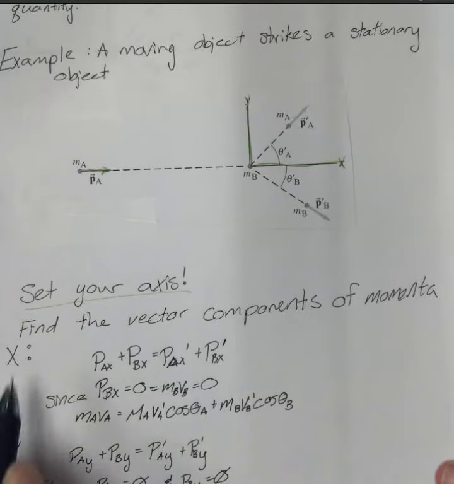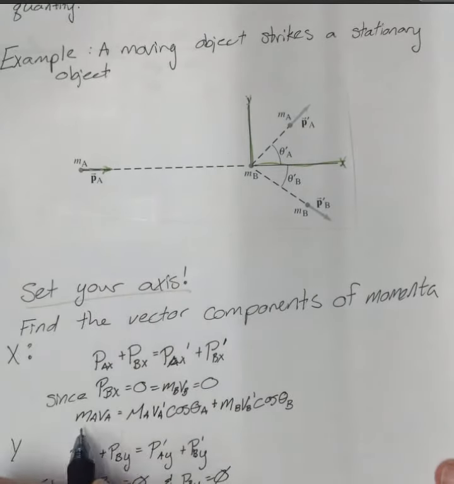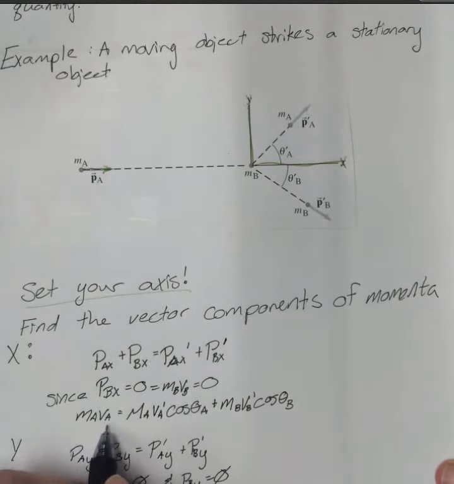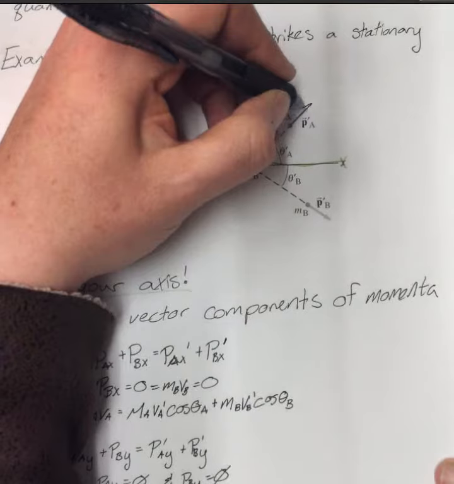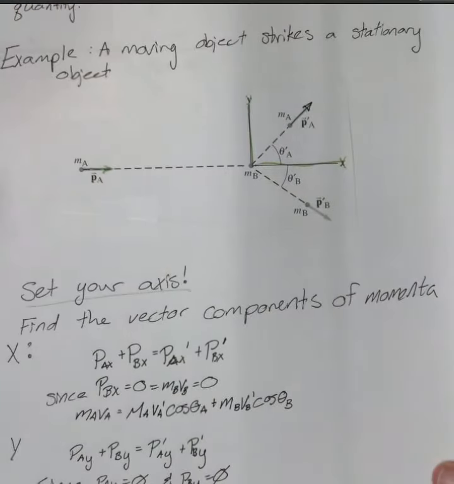So for this situation up here, the initial momentum of object A was all in the x direction, so the mass of that object times its initial velocity will be equal to the mass of the object A times the velocity of the object A after the collision, but that velocity is a vector, it's traveling in this direction, so its momentum is also in that direction.